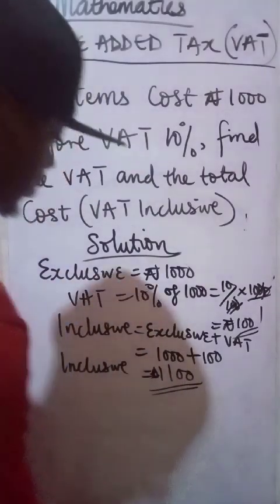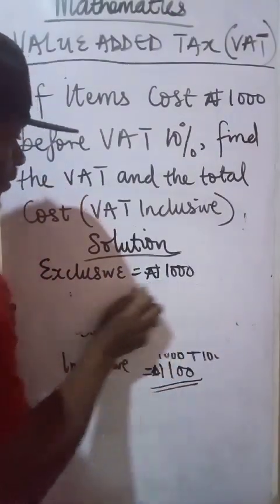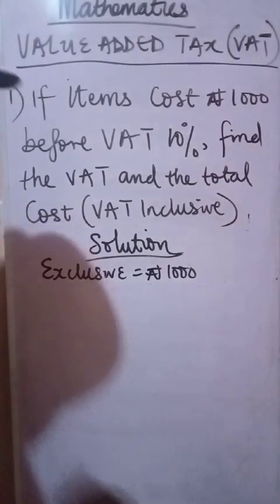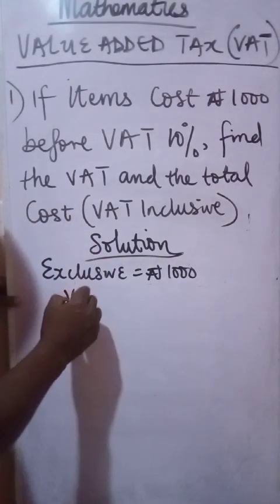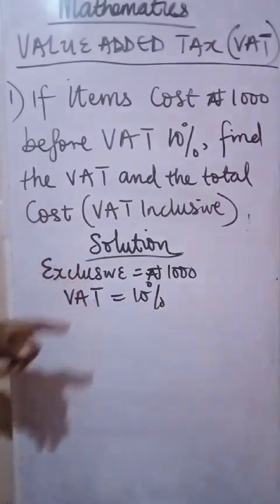There is another way to do this. Okay, I have VAT equal to 10%. There is a formula.